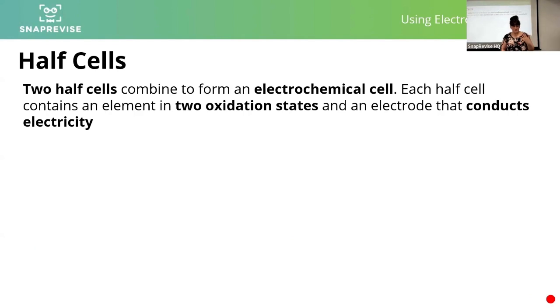But half cells, funnily enough, two half cells combine to form one electrochemical cell, because they're a half cell. Each half cell contains an element in two oxidation states and an electrode that conducts electricity. Sometimes the element in one of its oxidation states can be its own electrode, and that's absolutely fine.